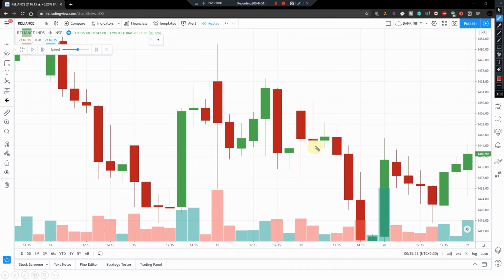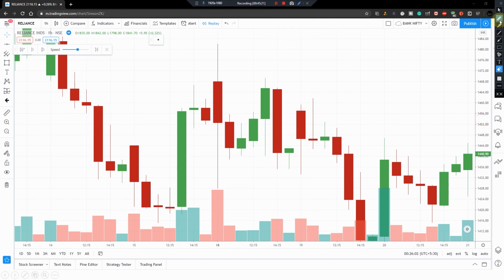The price opened at this price, I don't know the exact price, and it came down. Buyers came in and pushed the price up, and it closed at the high of that candle.